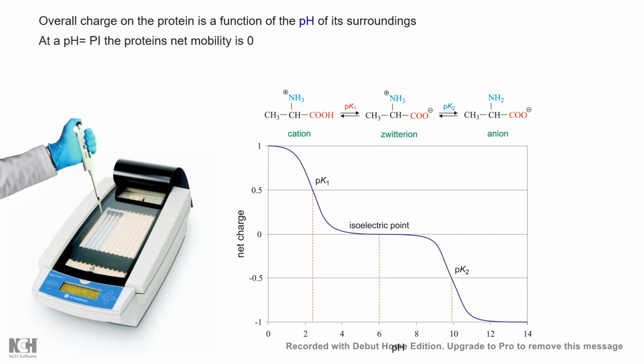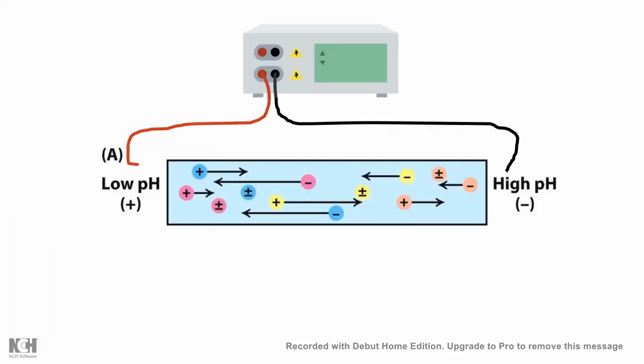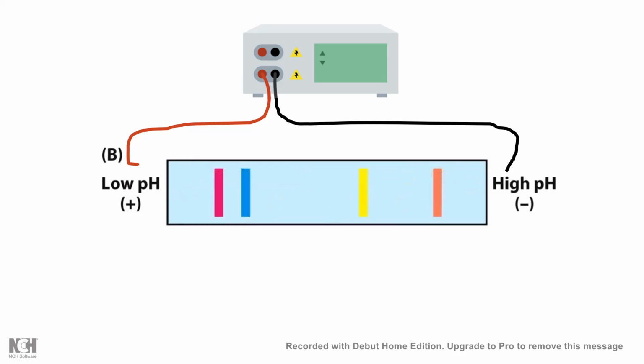So the first step is to load the samples on an IPG strip, which is a gel having a pH gradient from anode to cathode, and once we run this gel, several proteins, as you can see on the screen, like the pink ones, the blue ones, and the yellow ones, which have several different types of charge, would move and ultimately concentrate in the form of a band.